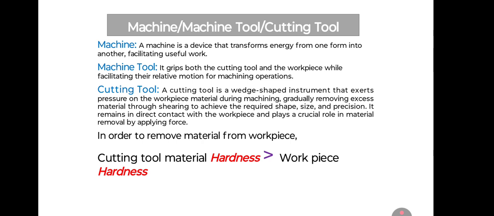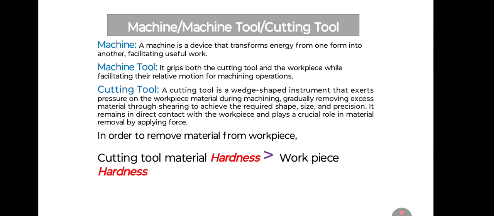When we go for a metal cutting operation, we need a cutting tool which will provide the cutting, and a workpiece on which we do the cutting. We need to hold both of them firmly and provide relative motion between them, making contact between the cutting tool and the workpiece. This whole thing is done by a device known as a machine tool.